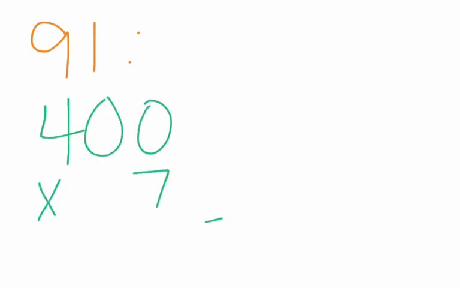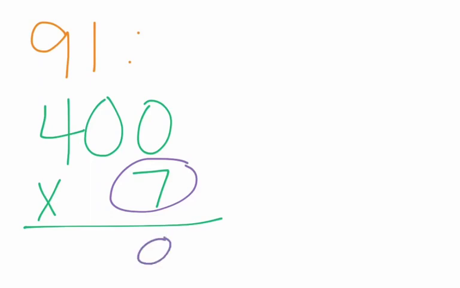So I want you, based on what we learned, to go ahead and write it as 400 times 7 this way. And remember, again, that this number is going to be multiplied by every single number on the top. So 0 times 7 is 0, 0 times 7 is 0, and 4 times 7 is 28, making our number 2,800. Okay, let's do B.